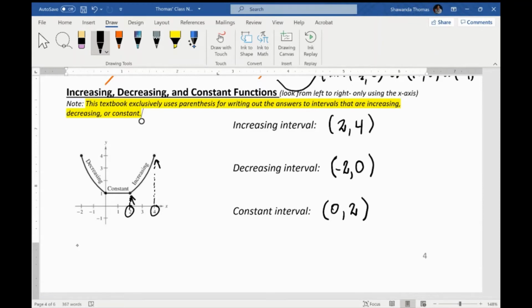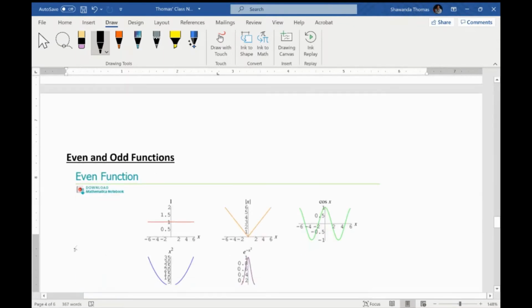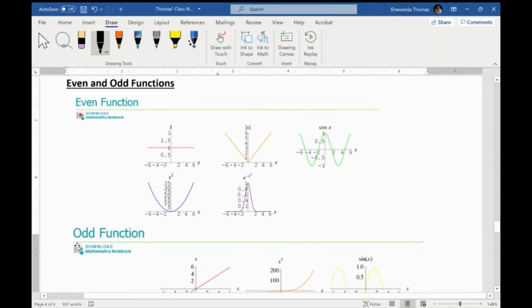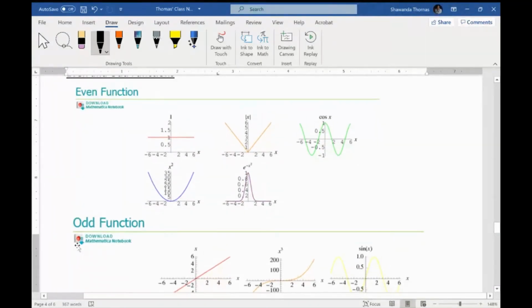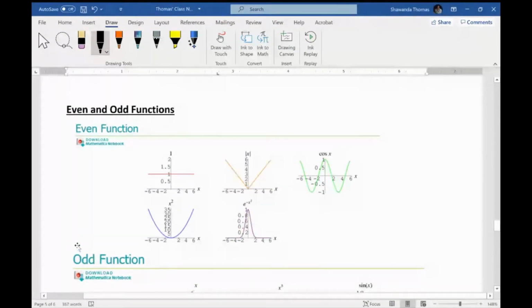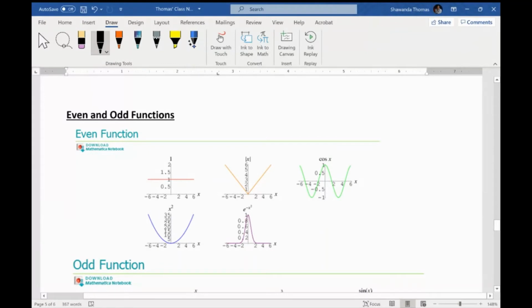All right, let's move on to the next thing: even and odd functions. I wanted you to first take a look at even functions and how they look. Some examples of even functions are these functions.